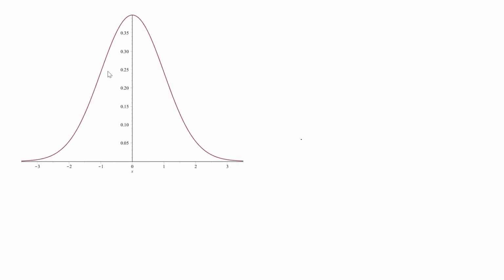So remember the standard normal distribution, which has this particular form of the PDF. We write it like this: X follows a standard normal if the PDF has this precise shape, f of x equals 1 over square root of 2 pi, e to the minus x squared over 2.